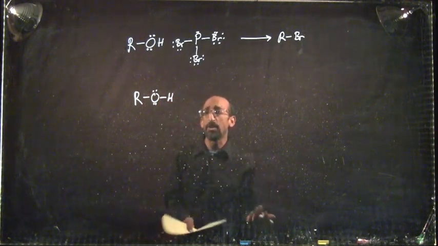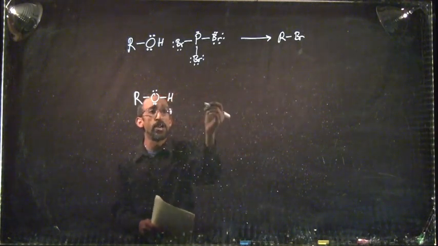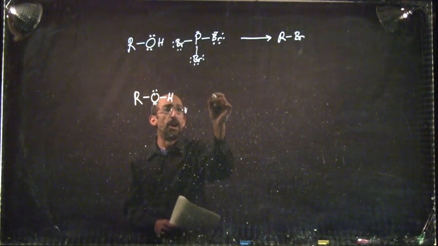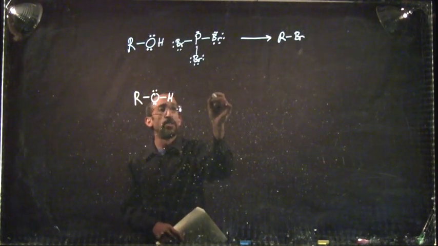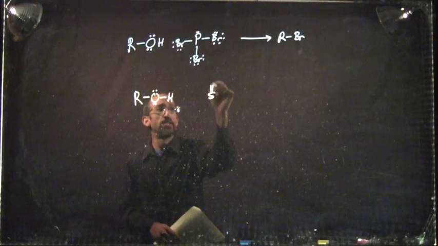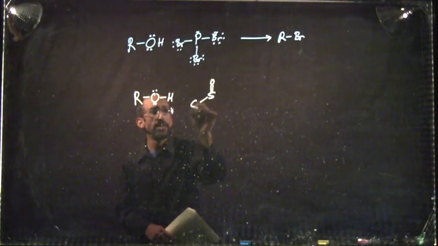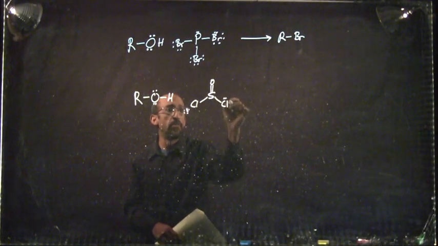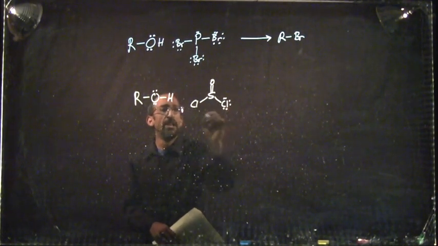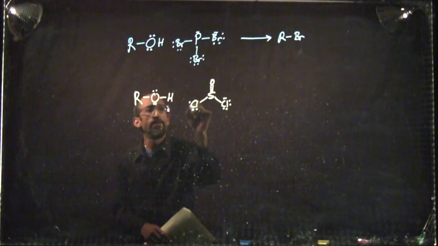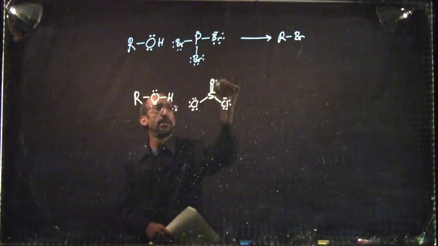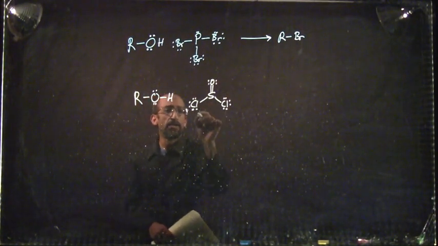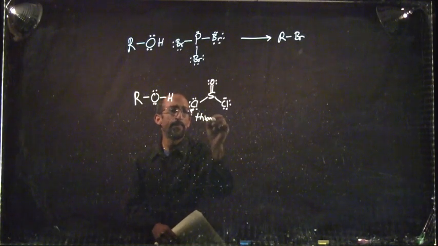And so we can also get this overall transformation to occur by treating with a reagent called thionyl chloride. Here, I'm going to once again put in all of my electrons so we see the full Lewis structure. So this is thionyl chloride.